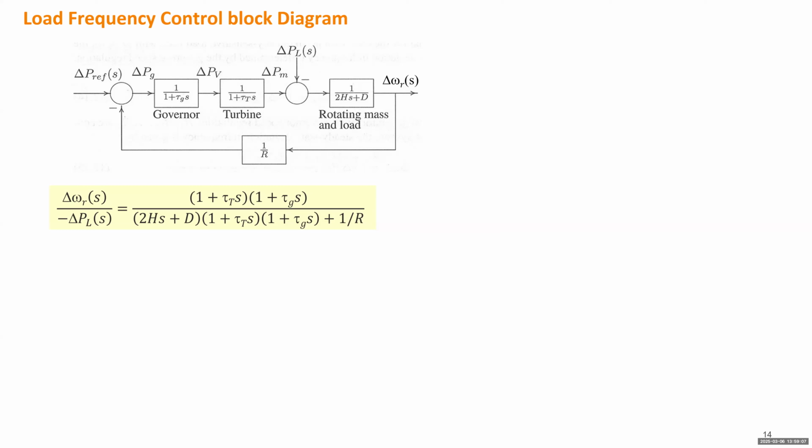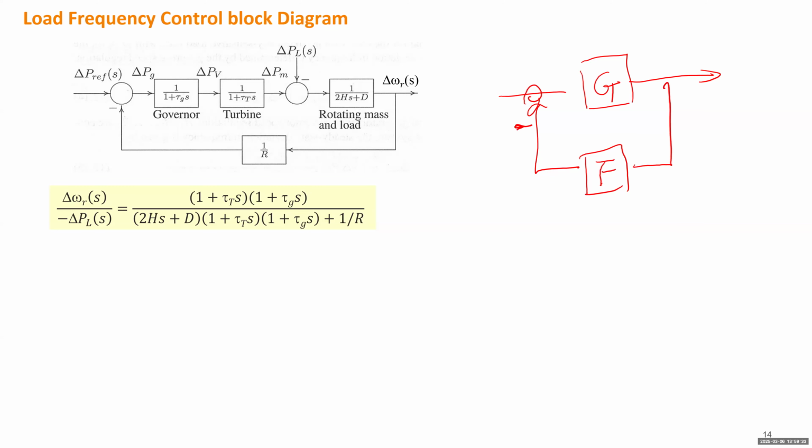Simply speaking, if you have a transfer function like this one, we can call it f, and usually we call this one g, which stands for the open loop transfer function, and f stands for the feedback, if it's a negative feedback, with this x and this y.